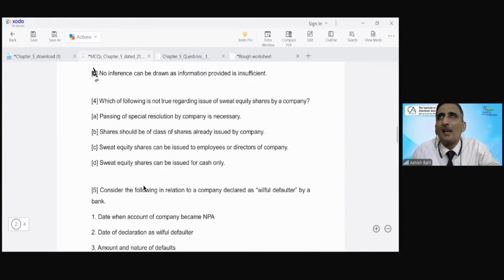Fourth, now a damn simple direct application of law. Which of the following is not true regarding issue of sweat equity shares by a company?